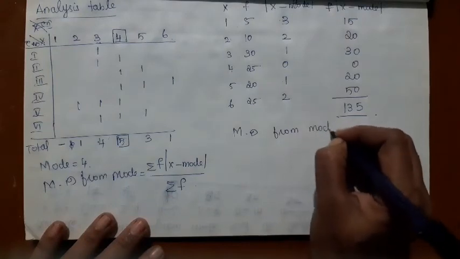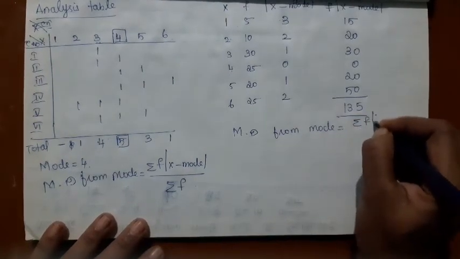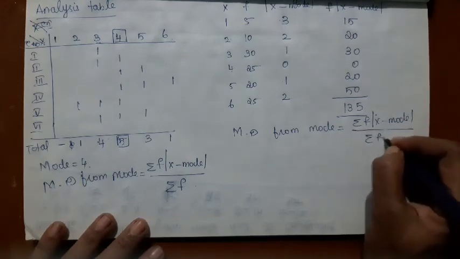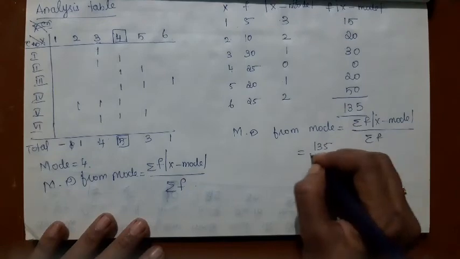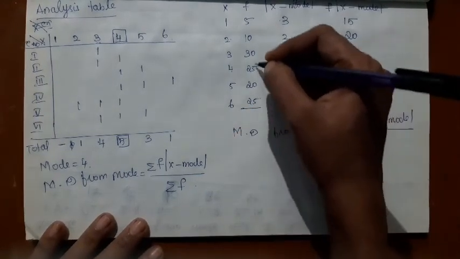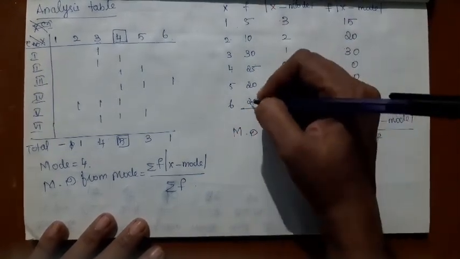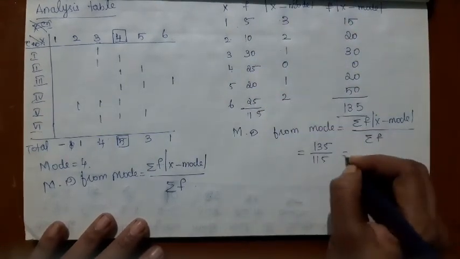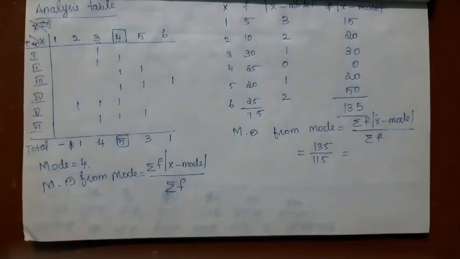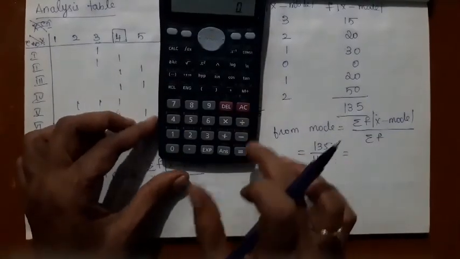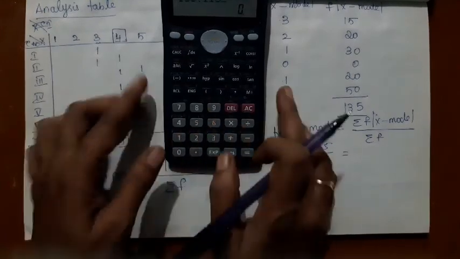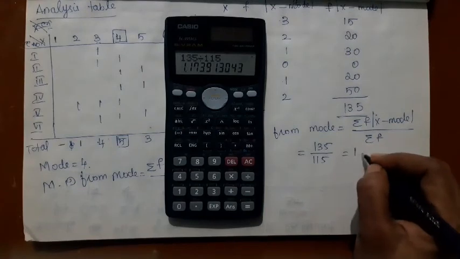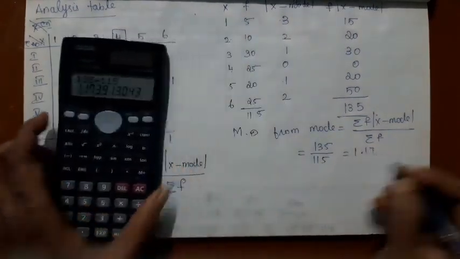Now write the mean deviation from mode: summation f into modulus of x minus mode divided by summation f, which is 135 divided by, what is summation f? 115. 135 divided by 115, you get 1.17.